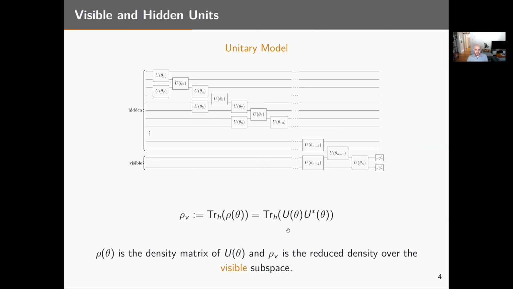And here's one representation, where rho_theta is the density matrix of the output of our circuit, and rho_v is the reduced density matrix over our visible subsystem.